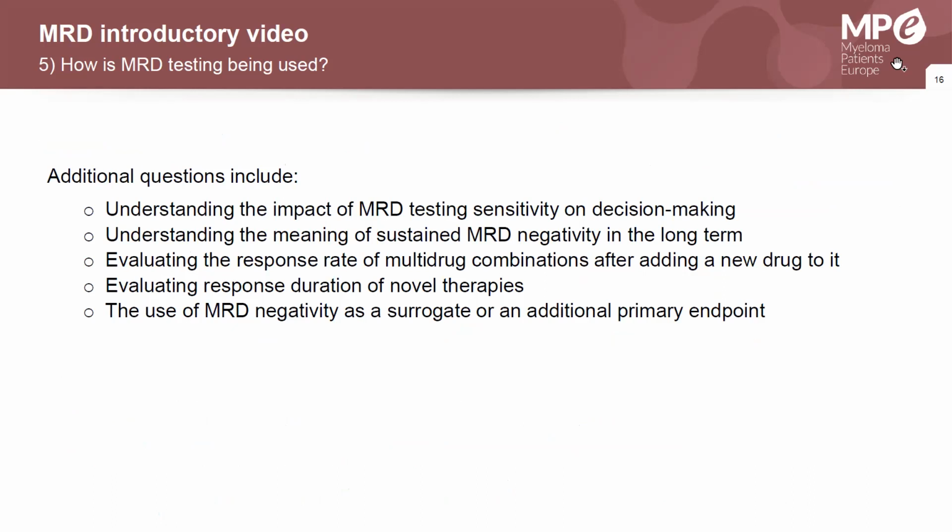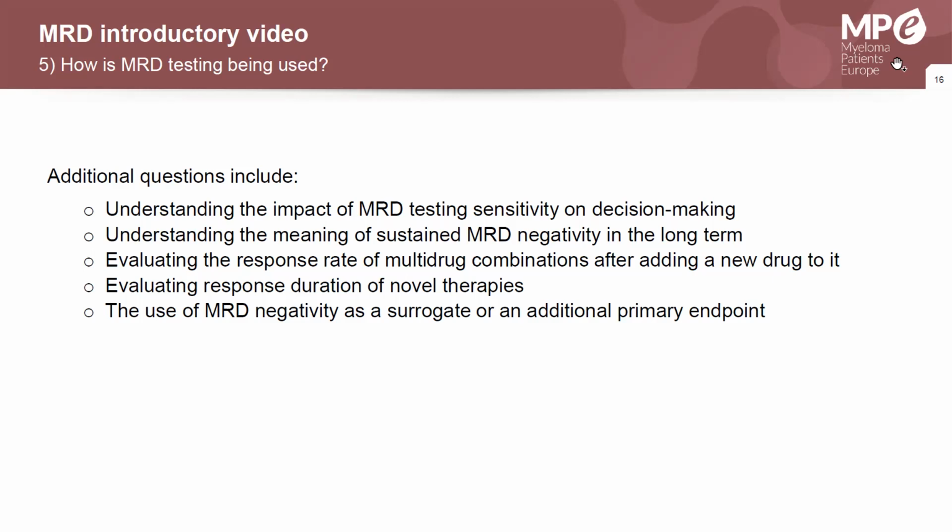MRD testing is also being used to show that the incorporation of new drugs into the backbone of multi-drug combinations leads to higher and deeper rates of responses, including more patients achieving MRD negativity. It is also used to follow up on CAR T-cell response durability.